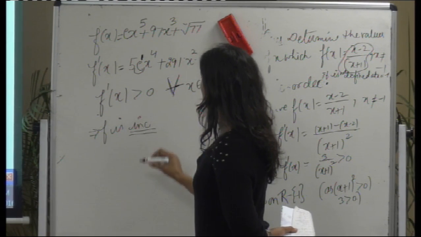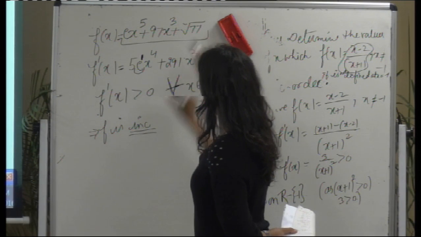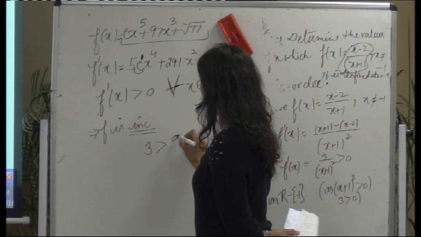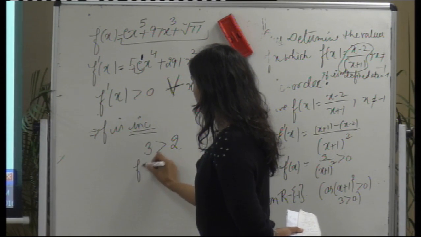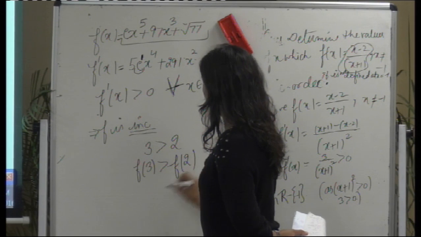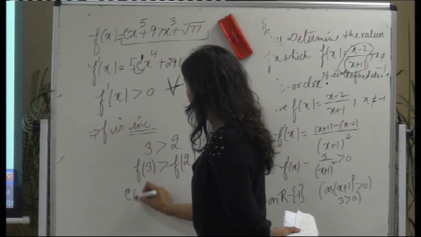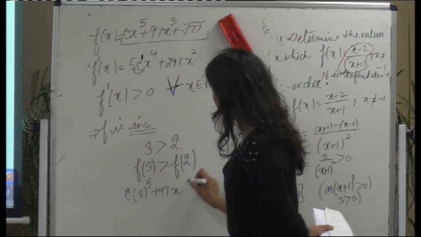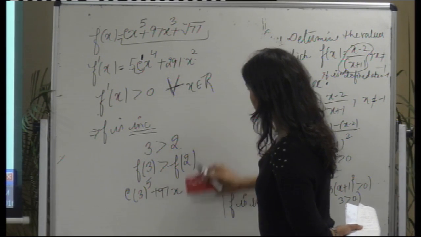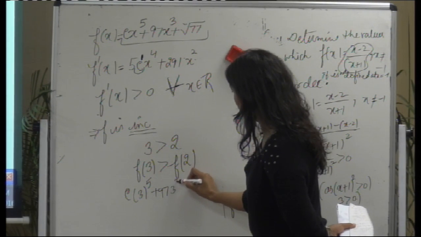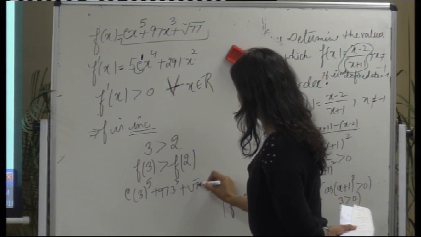increasing. So if I take any value now, 3 is greater than 2, so f of 3 will be e to the power 3 into 3 to the power 5 plus 97 times 3 cube plus under root 77.